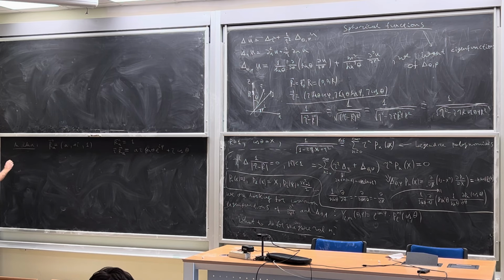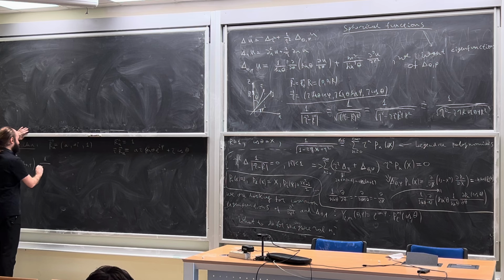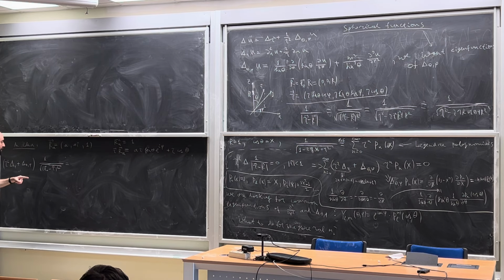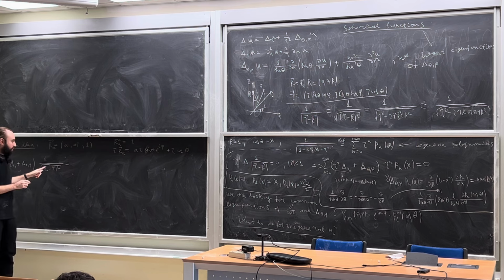So now we can consider the same expression, r squared Laplacian r plus delta theta phi acting on 1 over square root of R_a minus r squared, which equals, on one side, 0, because we simply complexified this expression, and Laplace operators are perfectly defined for any analytic functions, so it doesn't matter.